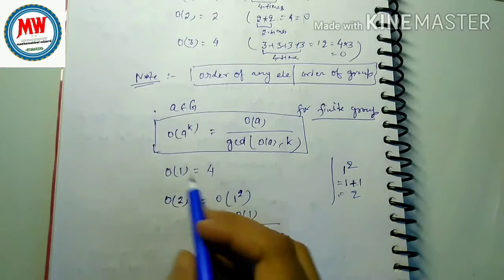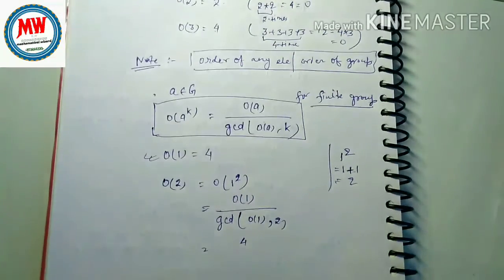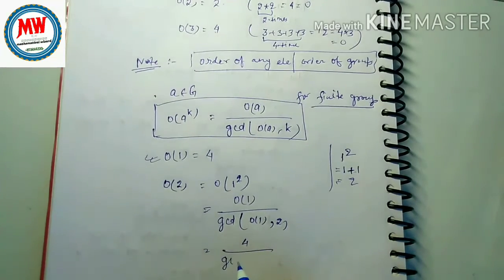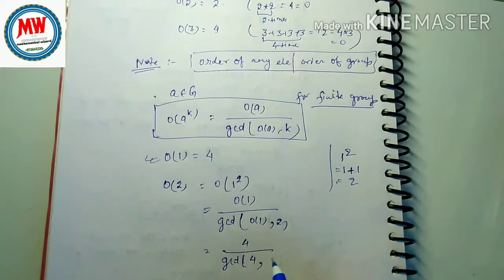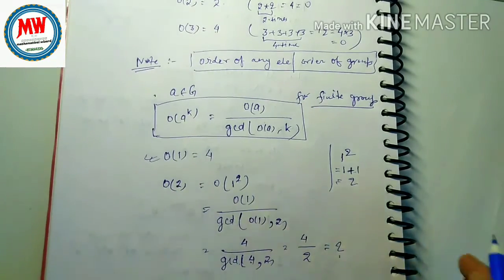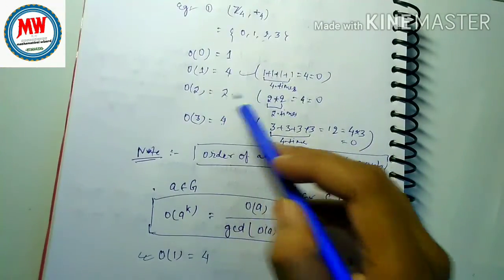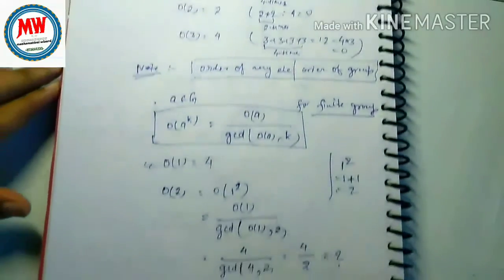So order of 1 is 4, and upon GCD of 4 and 2, which is 2, it is equal to 2. So order of 2 is equal to 2, and here also order of 2 is 2. So this formula is right.